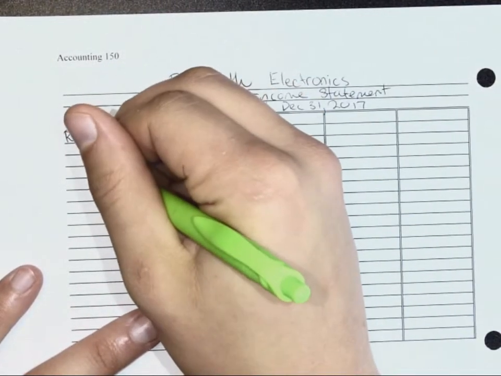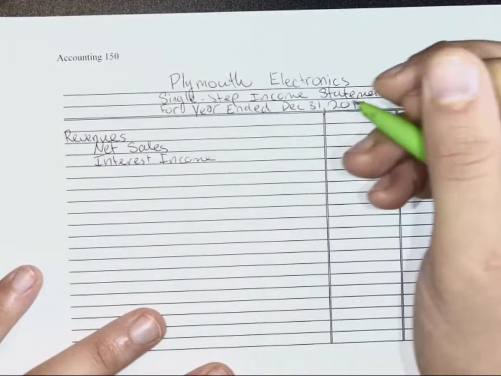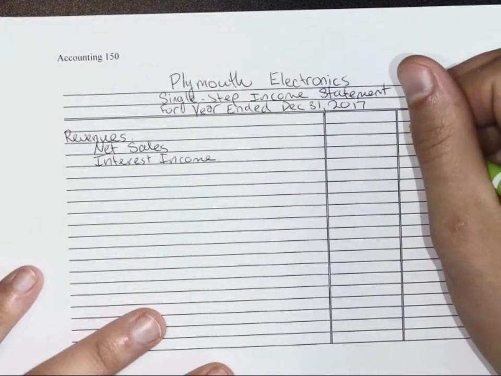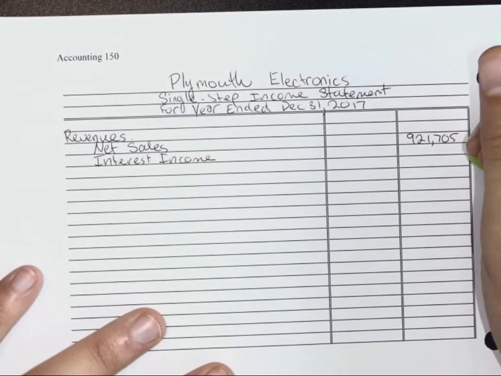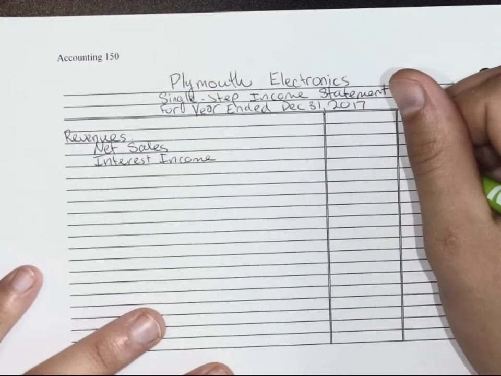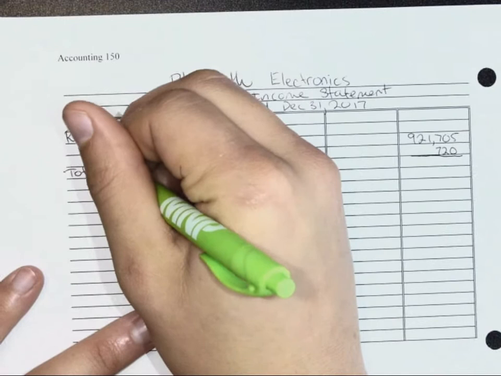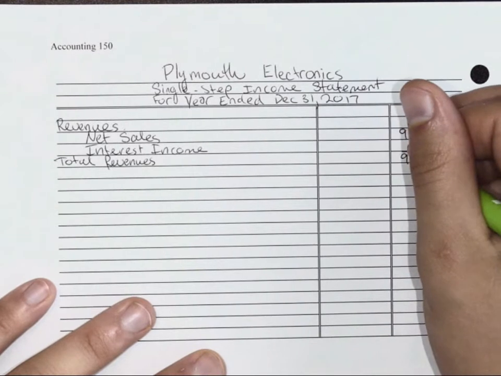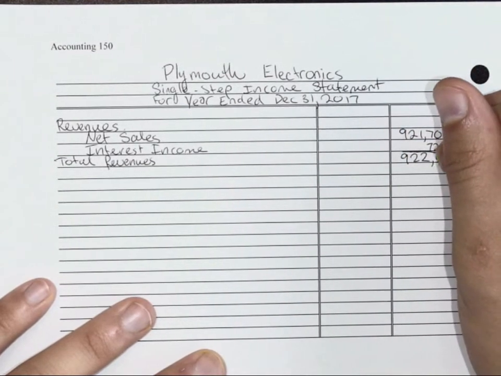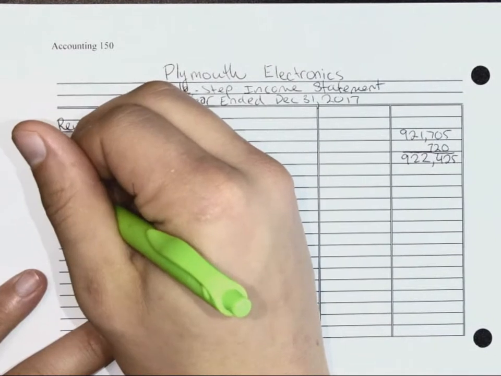We actually include just all of our revenues at the beginning, but we still keep them separate. We get our total revenues, and then we can do our expenses.